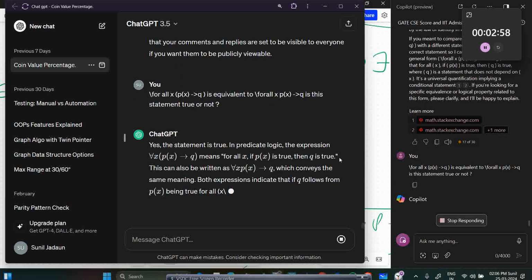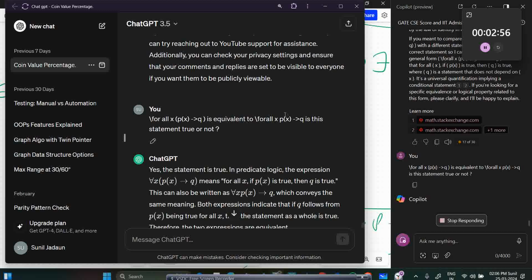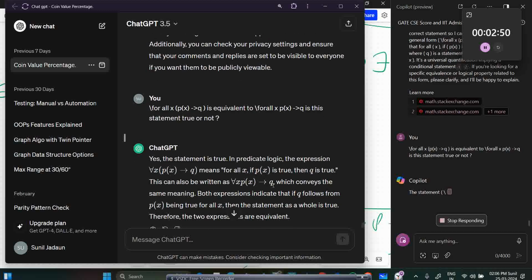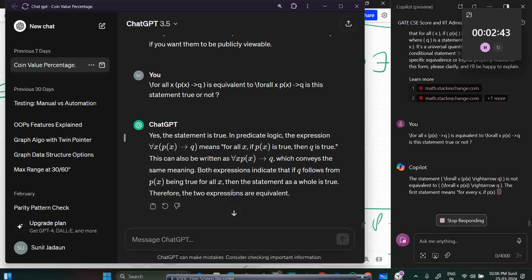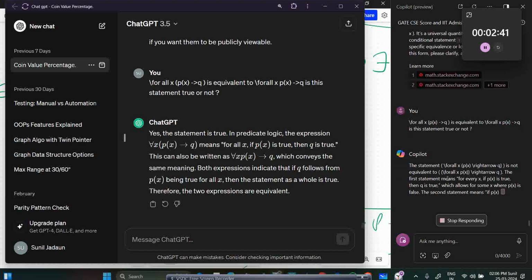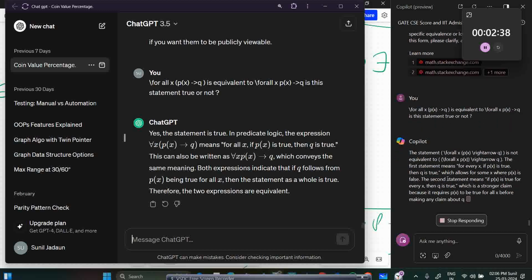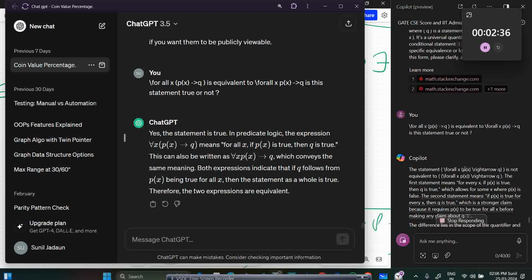The last statement is true in classical logic. It indicates that for every x, if P(x) is true, then Q is true.